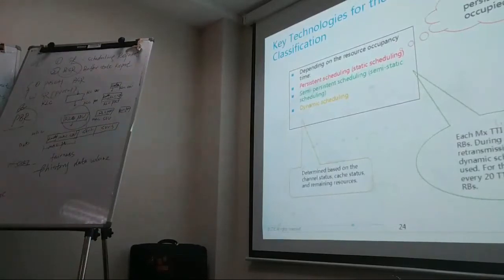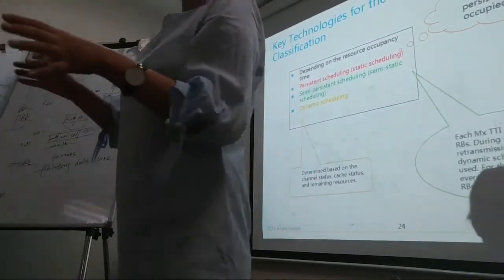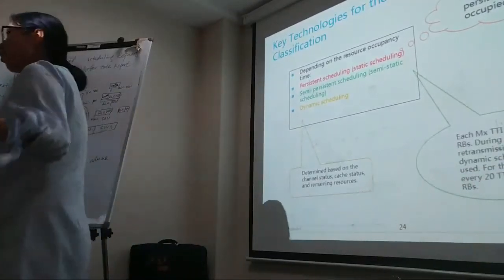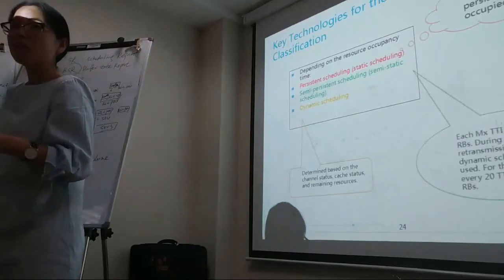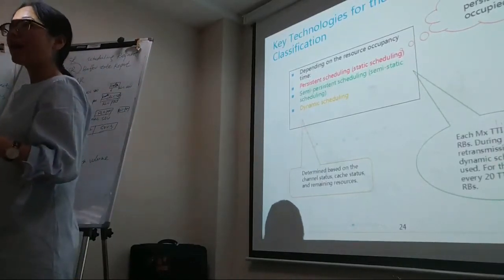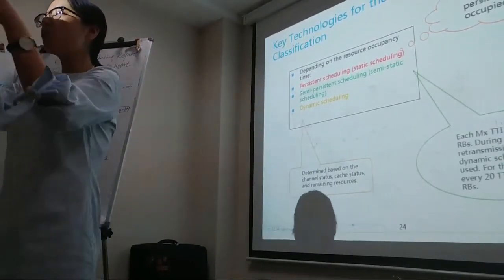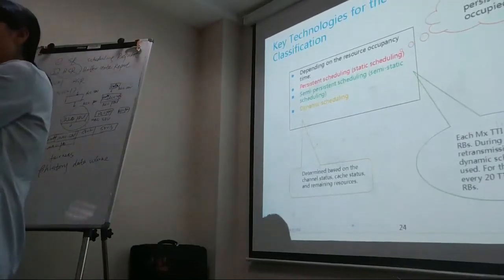When he starts a call, I allocate him some resource. Now he is talking continuously, but the data is not transmitted continuously. It samples his voice every 20 milliseconds and generates a packet. So every 20 milliseconds we have a packet.